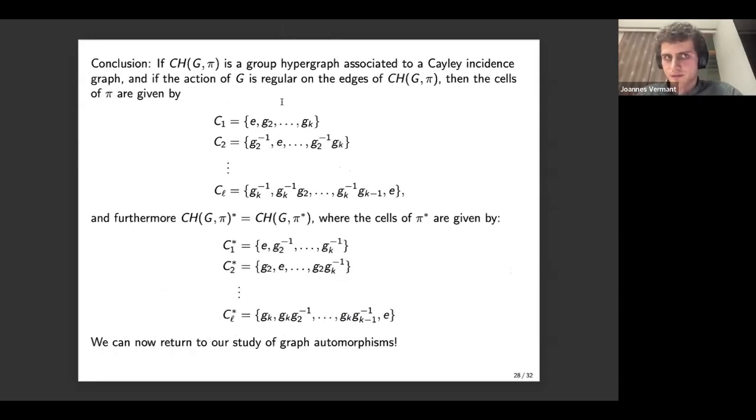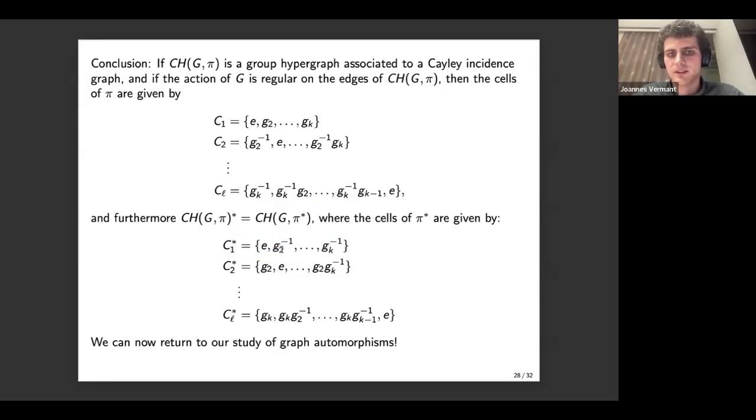So this is the conclusion of this digression on the dual graphs and the regular actions. If the action is regular on the edges, then the cells are given by G2 up to GK, G2 inverse times C1 up to GK inverse times C1. And then the dual graph of this group hypergraph has these cells.